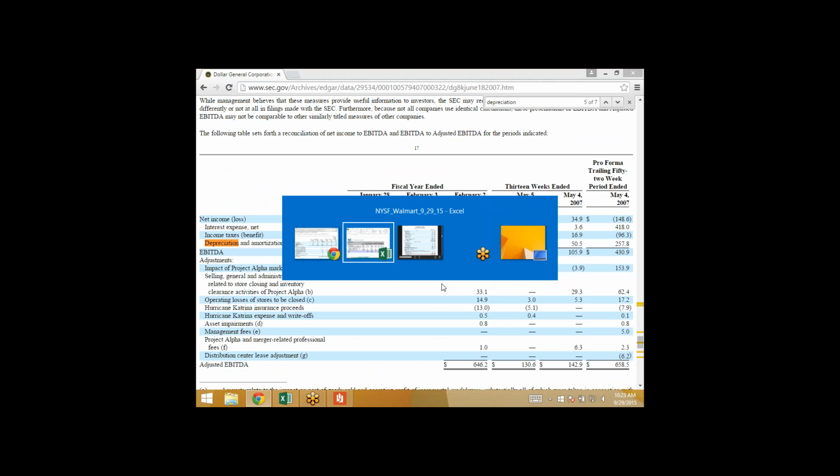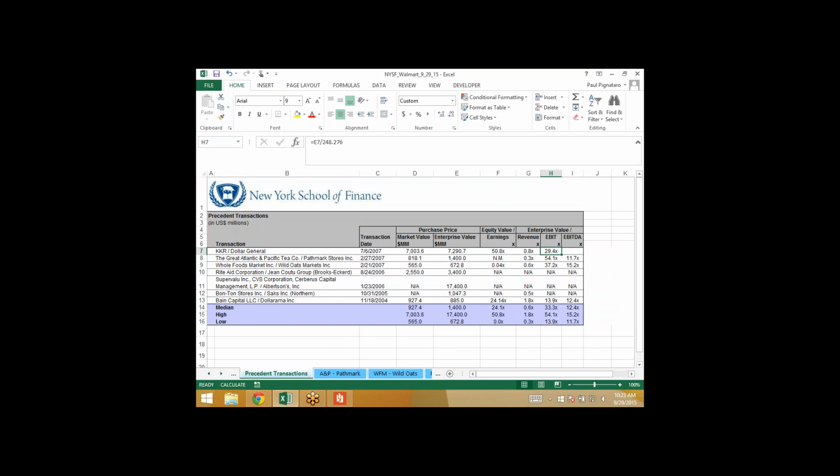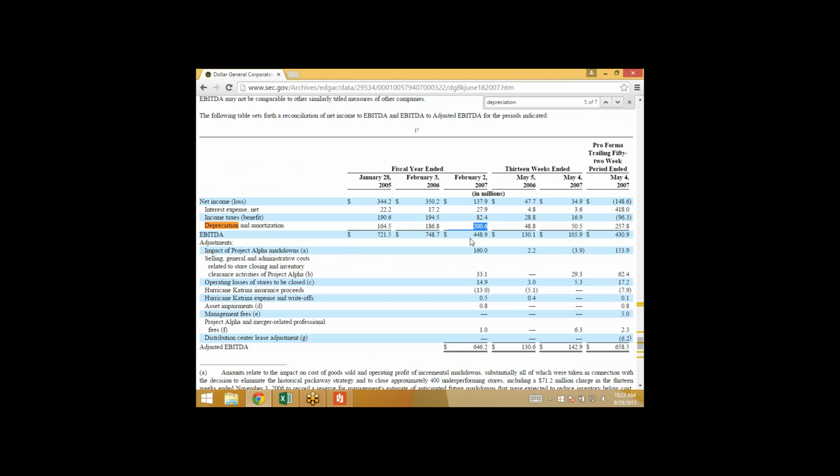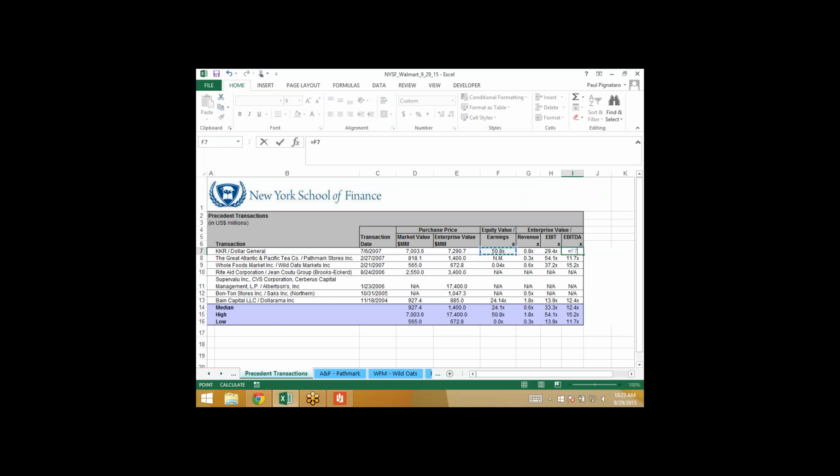So we had EBIT of 248,276, adding 200.6 gives us 448.9, and actually you can see right here they give you EBITDA, 448.9. So this gives me a little confidence that we're pulling in the right numbers. I'm just going to pull this number, 448.9. That's their EBITDA. So I'm going to take enterprise value divided by 448.9.